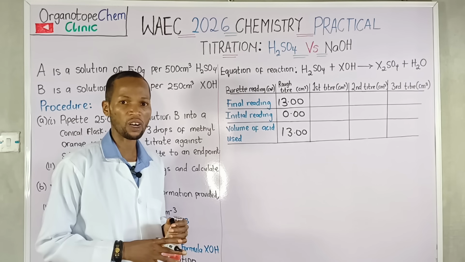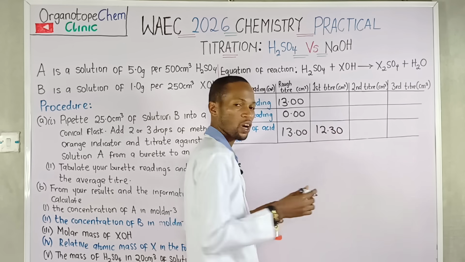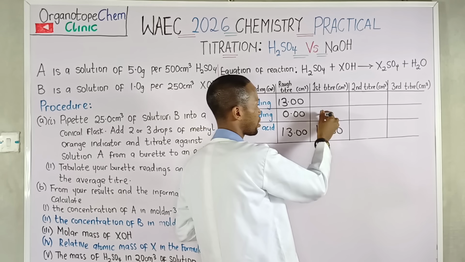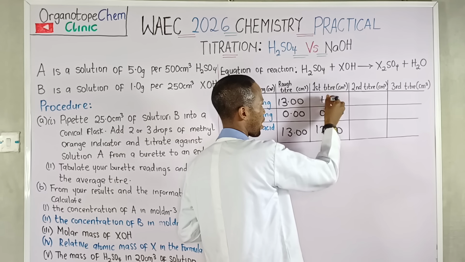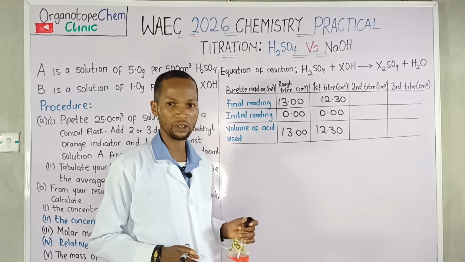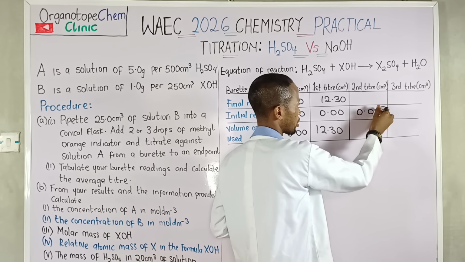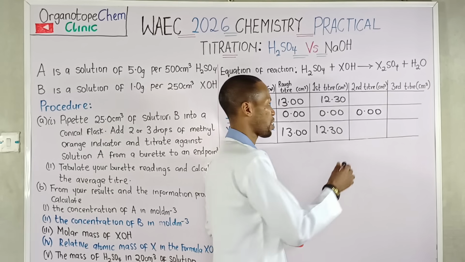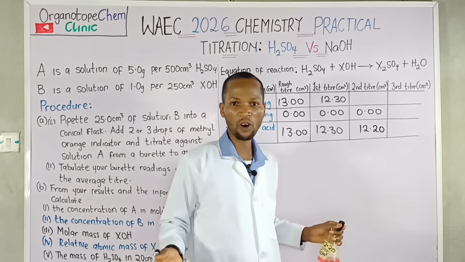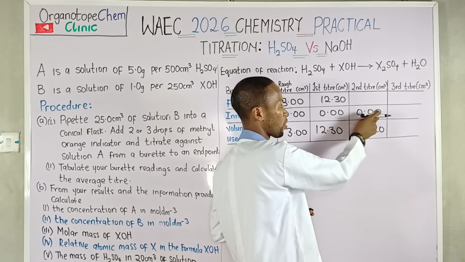Now we conducted the first titration and we have 12.30 for the volume of acid used. We also started from the 0 meniscus, so the initial is 0.00 and the final volume of acid used for the first titre is 12.30. For our second titration, we started from 0.00, and the volume of acid used is 12.20.